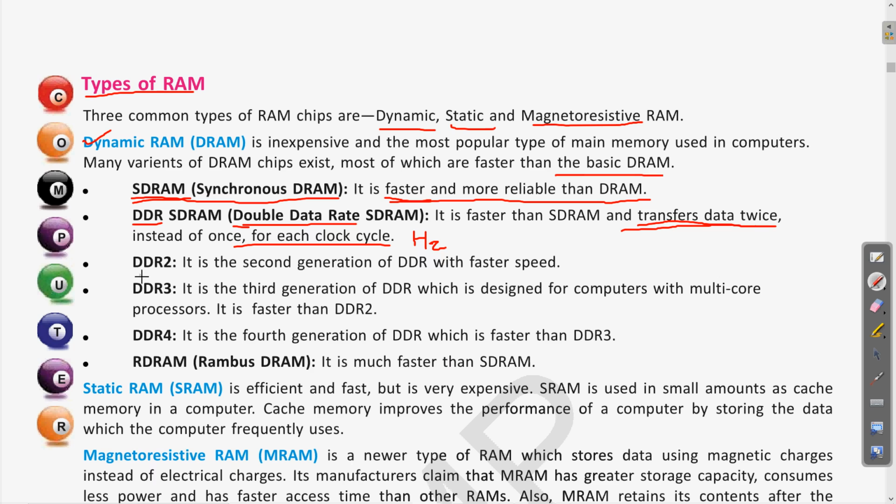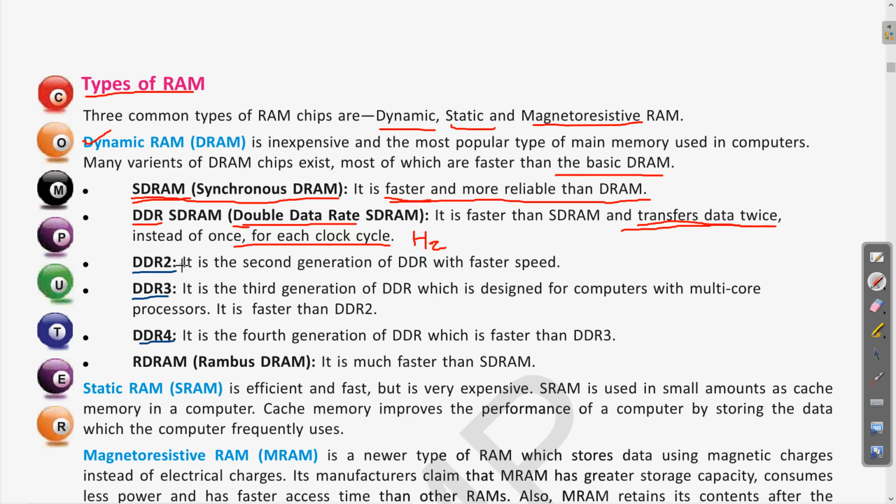Next is the DDR2. The earlier one was DDR, and after that we have different names like DDR2, DDR3. These different names denote the different generations of the DDR, that is double data rate RAM: DDR2, then DDR3, DDR4.